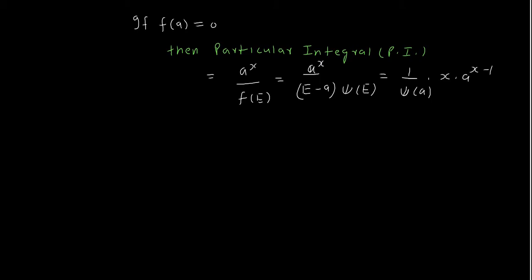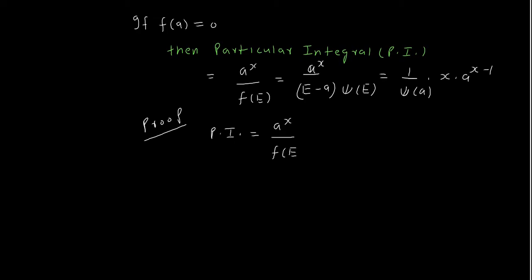So we try to prove this one. How do we prove this one? As we know, f of a equal to 0, then obviously e minus a is one of the factors of f of e. So we may write the particular integral of e to power x, a to power x upon f of e.